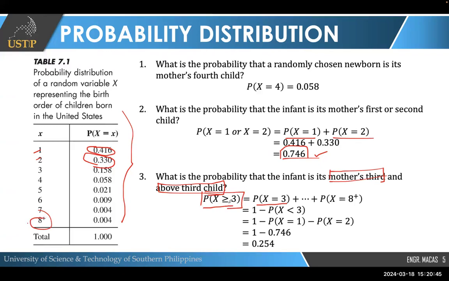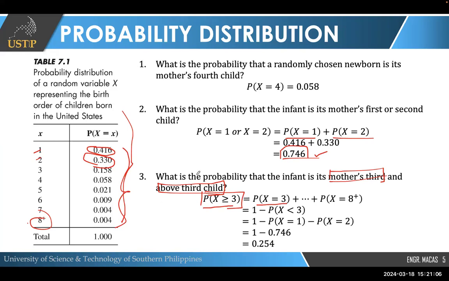Okay, so that is possible because the total of your probability in this data is always 1. Okay, think of this as one whole sample space where all the probability is going to be equal to 1.